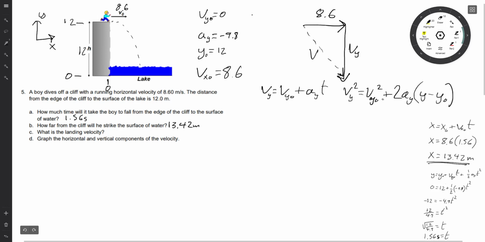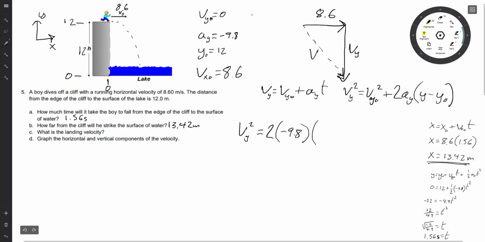So his final velocity, Vy squared, is going to be equal to, this is 0, so that's 0, 2 times negative 9.8. Now at this stage we might be thinking, well, this is going to be 12, because that's how far he's gone, and that would give us a negative value, and we can't square root negative values.